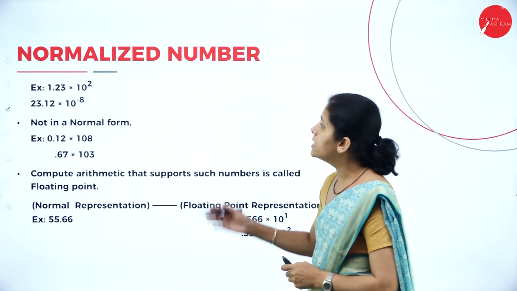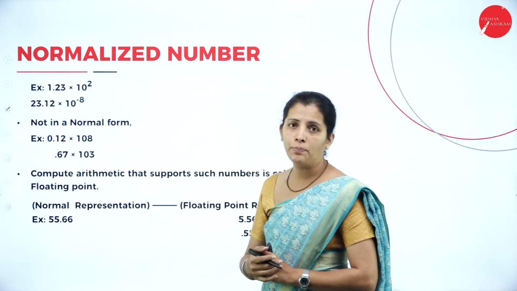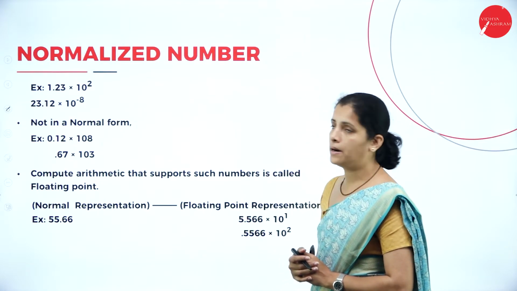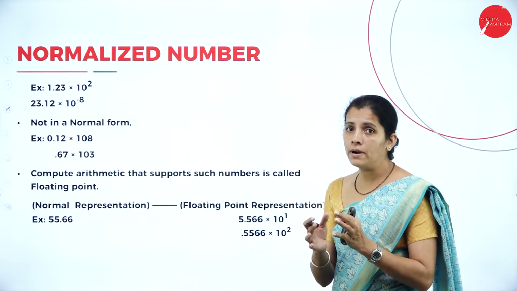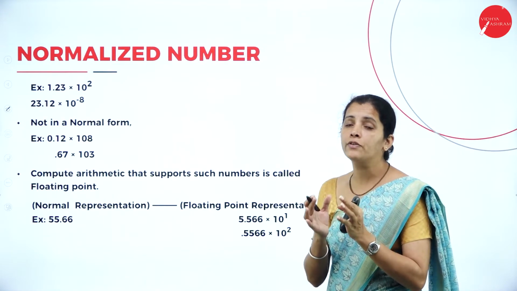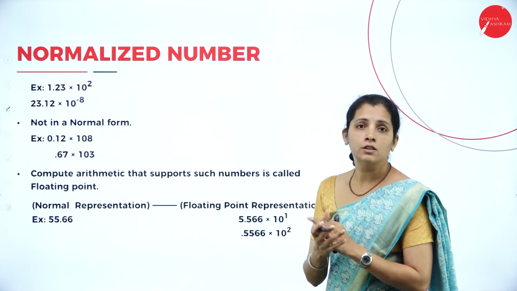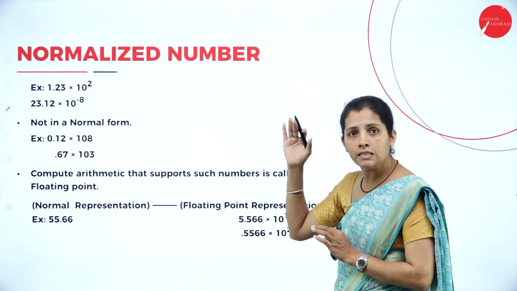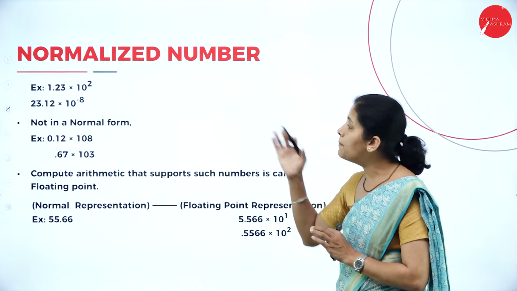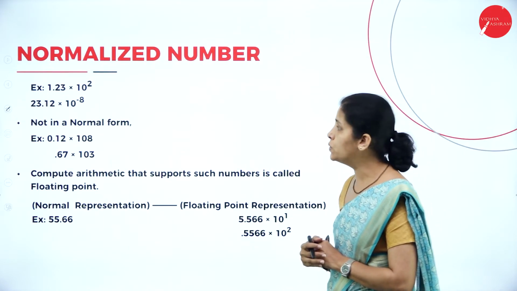Now, see, the next topic is the normalized number. Dear student, as we know, a number which starts with 0 is not a normalized number. If I want to normalize the number, then it must not start with 0.